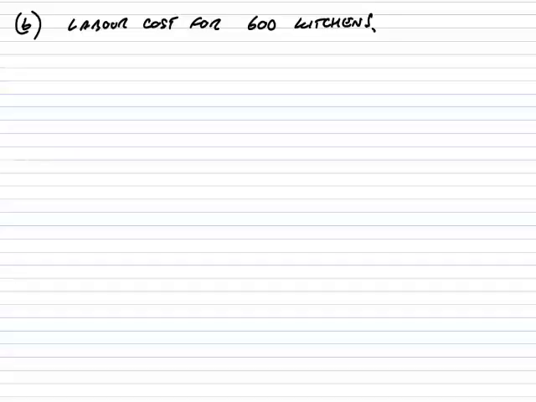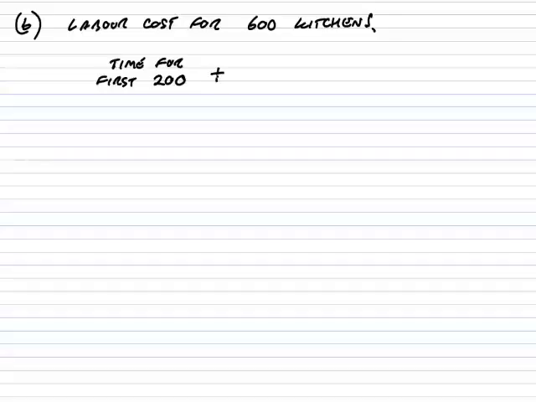Well, as I say, you should have seen ones like this before. That for the first 200, we've got learning. So the total time for 600, we're going to have to work out the time for the first 200. That's standard learning. In a minute we'll use the formula.